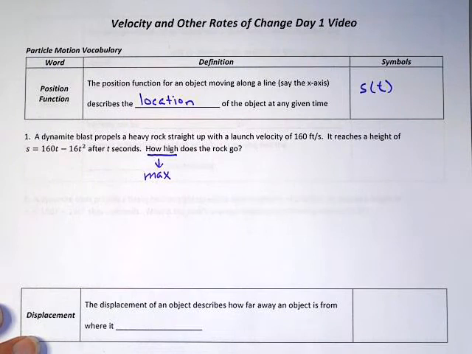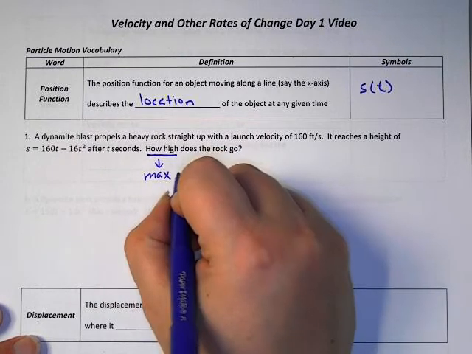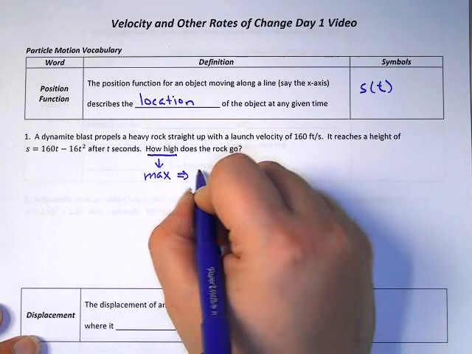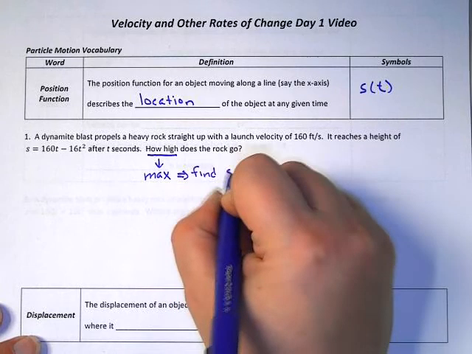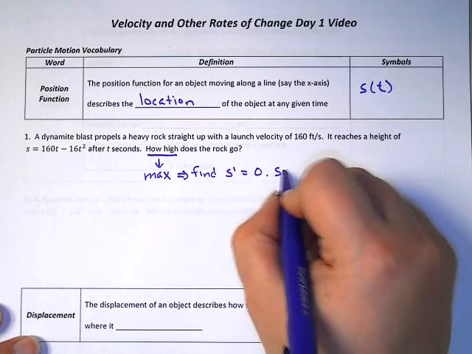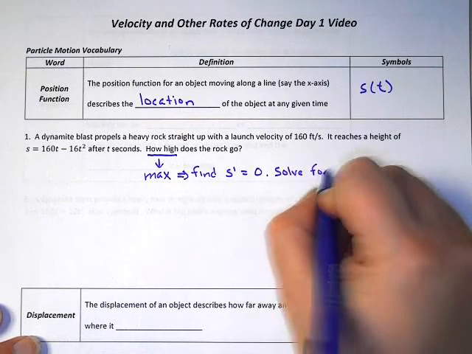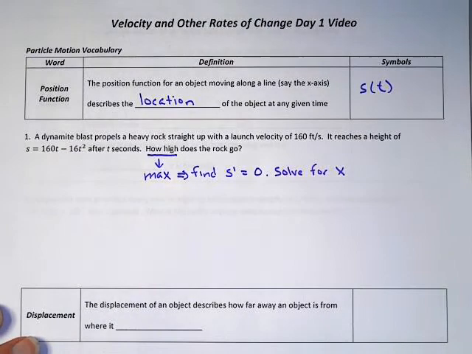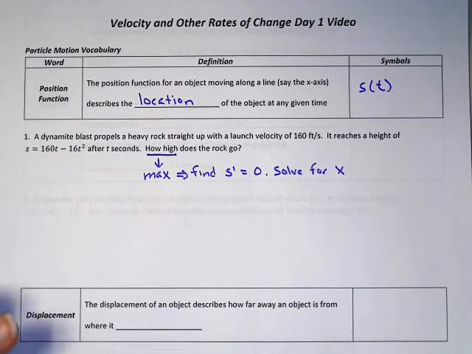And we also know from the last chapter that if we're looking for the maximum of a function, we have to take the derivative. So we're going to find s prime and set it equal to 0 and then solve for t, because that'll give me the time that we get the maximum, and then we can substitute it in to actually find the maximum height.